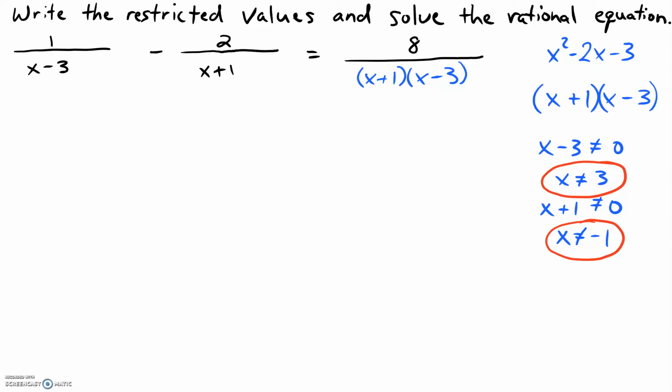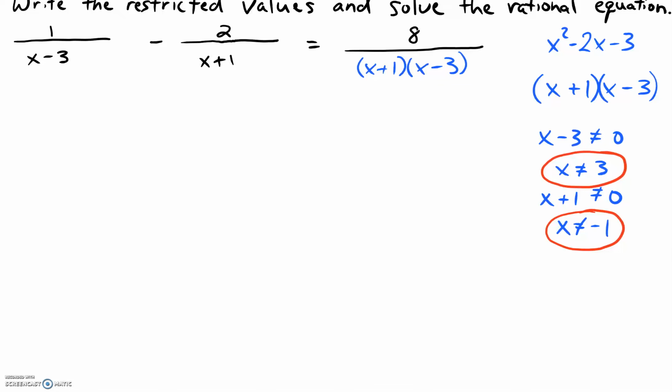So what we want to do, of course, since we have denominators, is we want to get rid of those denominators. And the way we're going to do that is we're going to multiply by the least common multiple of our denominators. So our denominators are x minus 3, x plus 1, and then x plus 1 multiplied by x minus 3. So our least common multiple of our denominators is going to be the x plus 1 multiplied by x minus 3, or the multiplication of all of the unique parts.